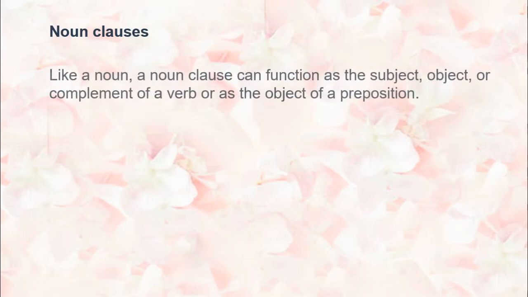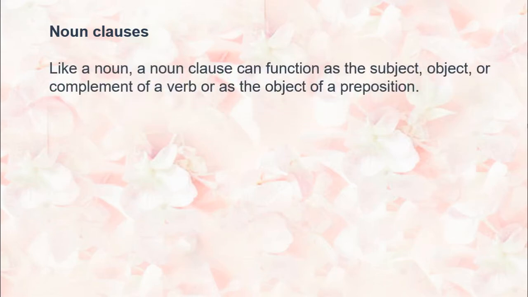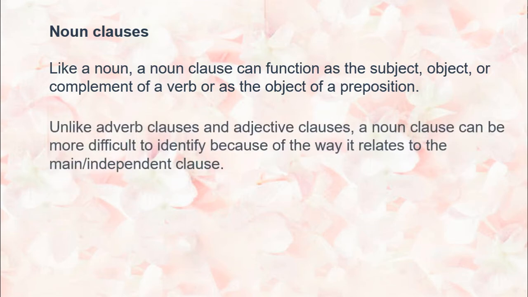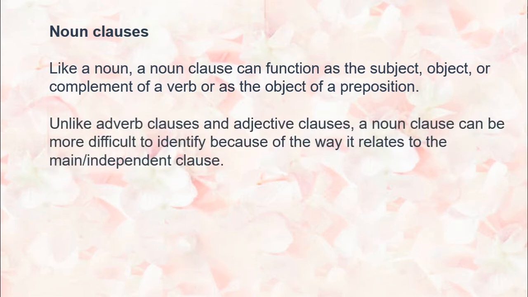Noun clauses. A noun clause can function as the subject, object, or complement of a verb, or as the object of a preposition. Unlike adverb clauses and adjective clauses, a noun clause can be more difficult to identify because of the way it relates to the main independent clause.